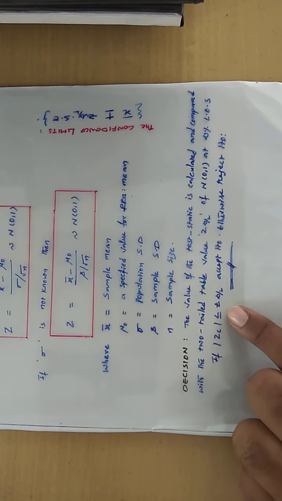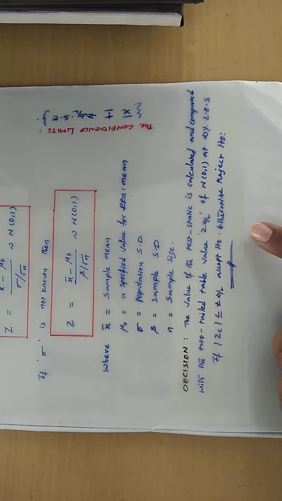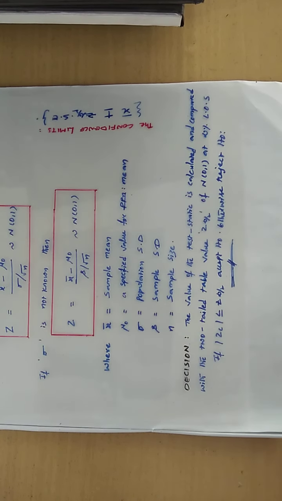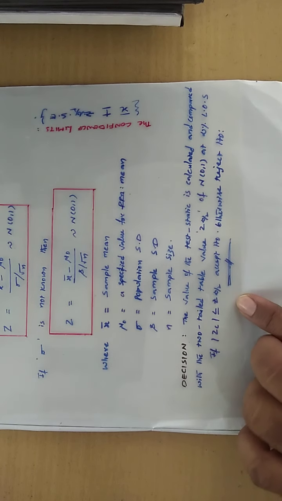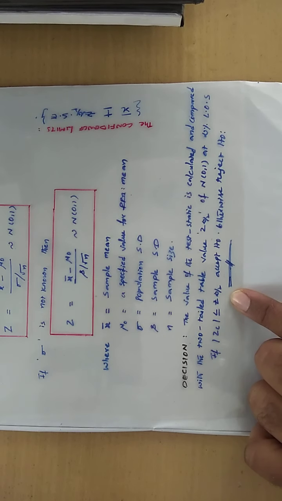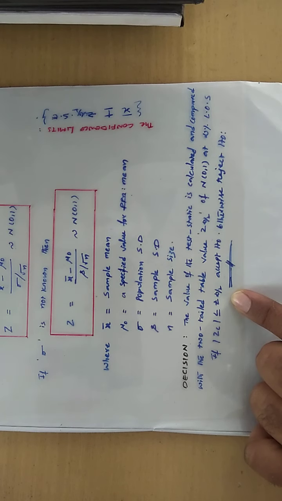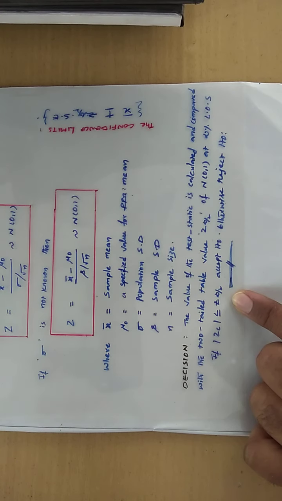If ZC is less than or equal to Z alpha by 2, we accept H naught. If ZC is greater than Z alpha by 2, we reject the null hypothesis. Here alpha by 2 represents the critical region divided on two sides, left side and right side. That's why this is called a two-tailed test. This is the notation, or else generally you can write Z alpha also.